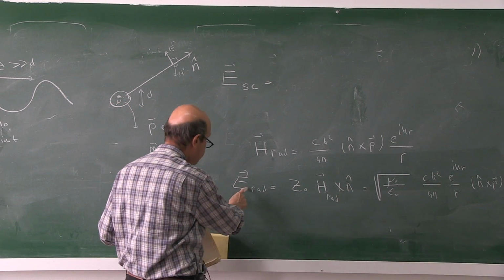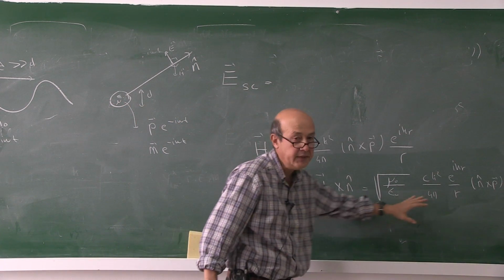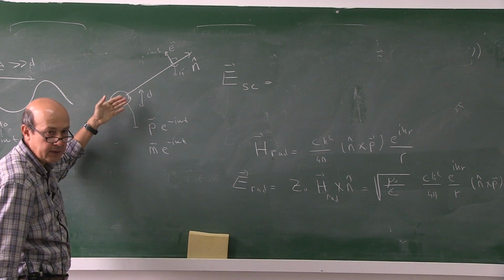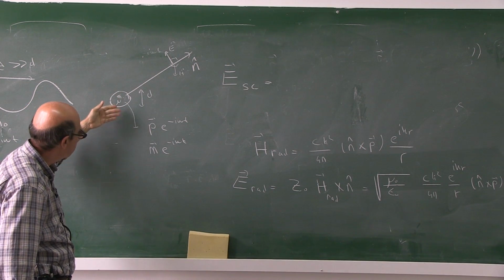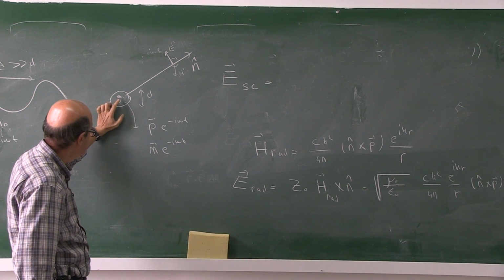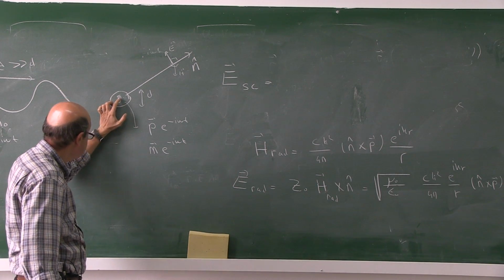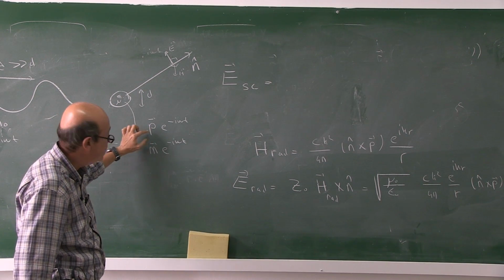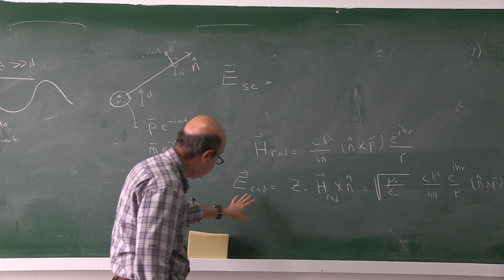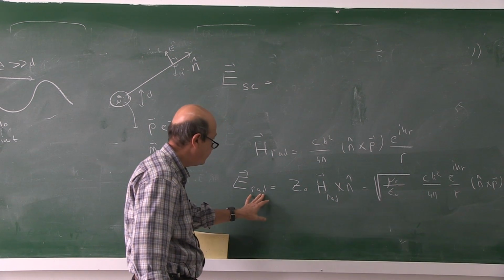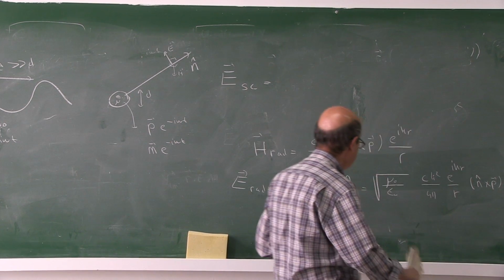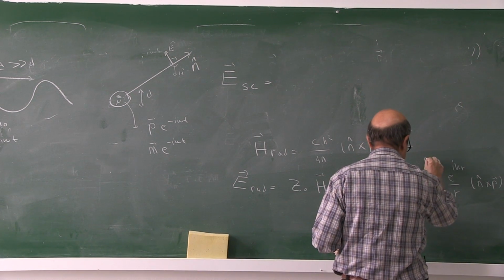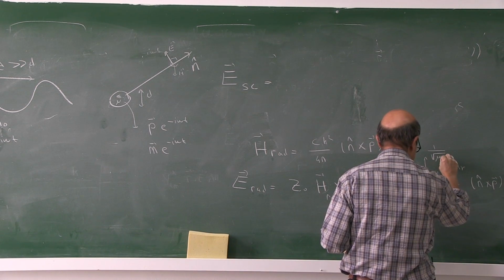Now I will take this as the scattered field, because incoming electromagnetic waves induce oscillations, and if the medium has some electric permittivity, then that will create an oscillating electric dipole. And since I have an oscillating electric dipole, that means that I have a radiating field due to the electric dipole. And if you arrange the coefficients, c is 1 over the square root of mu 0 epsilon 0.